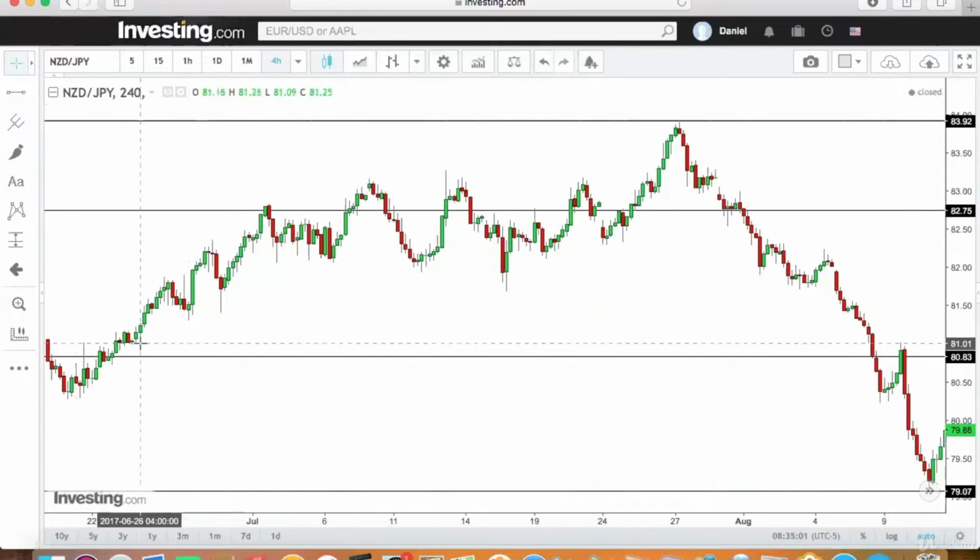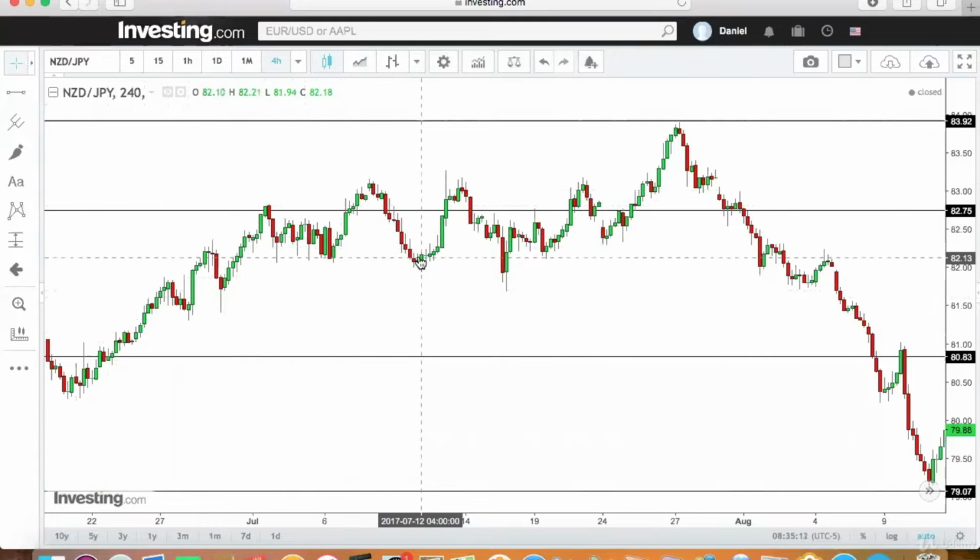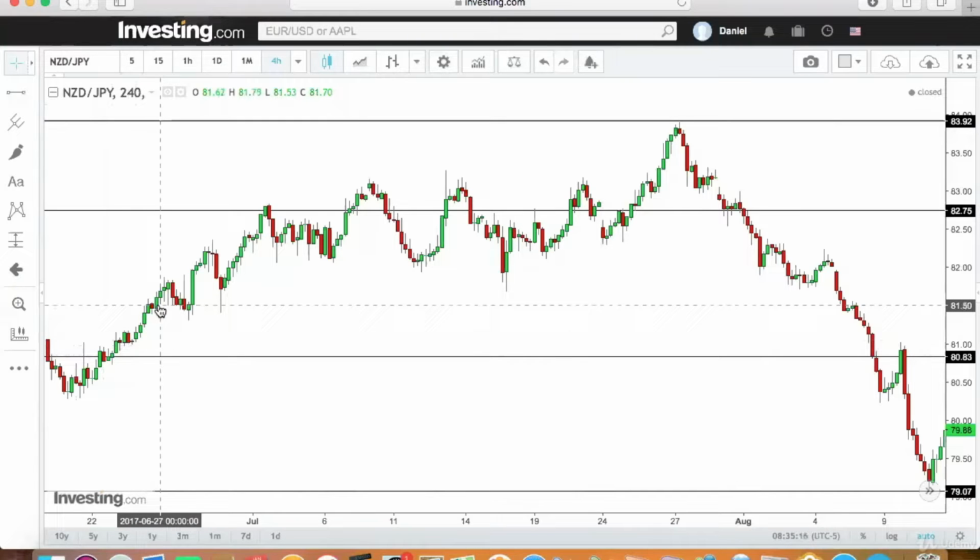For instance, we have this move here, broke all the way to the upside on this 4-hour chart, and then we got hung up at this level. Most likely here, you would have seen the market get hung up on the hour chart, and you would have seen tons of candles channeling in this area.